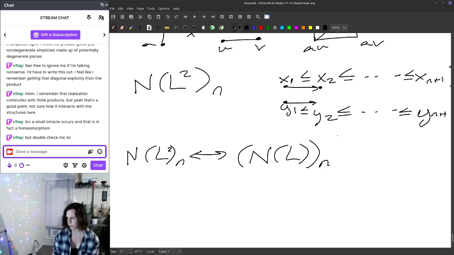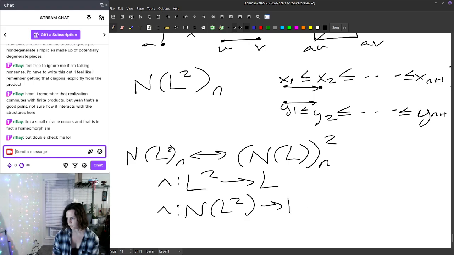Okay, so I'm tempted. Oh, this is squared. So I'm tempted to say that this should commute with products, and therefore, if that's correct, then if I have this map from L squared to L, that should give me a corresponding map from the nerve of L squared to the nerve of L, since I could identify this with the nerve of L squared, and so that would be such an operation.